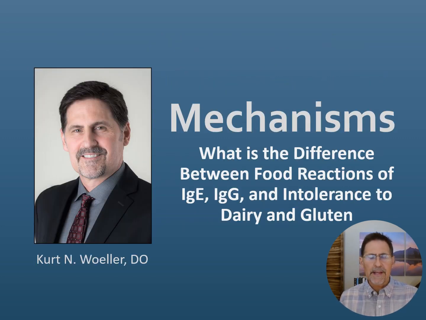So in another mechanisms video, I'd encourage you to watch it, titled "What is the difference between food reactions of IgE, IgG, and intolerance to dairy and gluten?" I go through some different aspects of the difference, again, between an allergy, a sensitivity, and an intolerance.